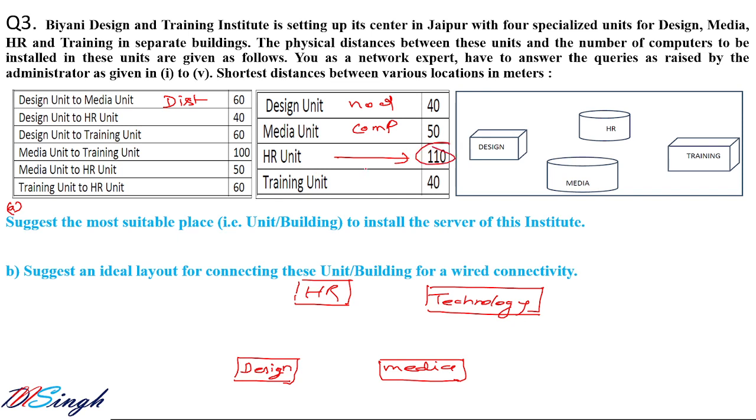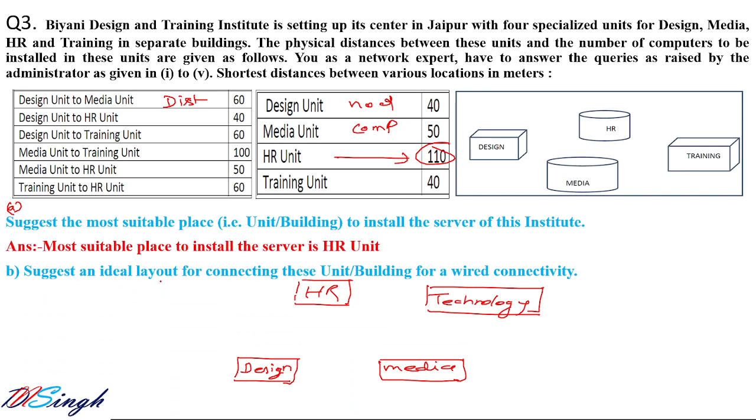It will be HR. So how many? 110. So we are going to have the HR unit first while making the cable diagram, and try to connect the HR unit with the other units. Fine. So the answer of the first question, suggest the most suitable place to host the server, will be our HR unit, because it has the highest number of computers.